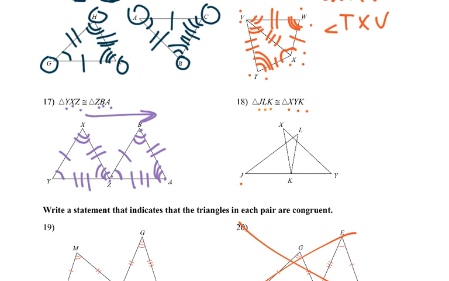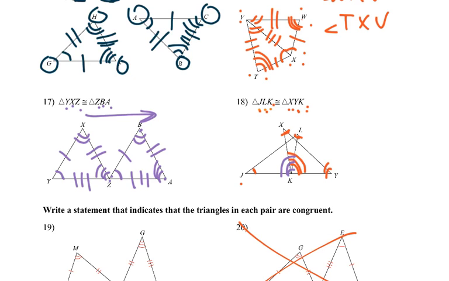So angle J, the first letter, corresponds with X. Okay, so one mark here, one mark there. Then L with Y, L was up here, with Y down here, and then K with K. So remember, that's this side of K, as well as, I'm going to do this one in purple, this side of K. So this one looks really weird.